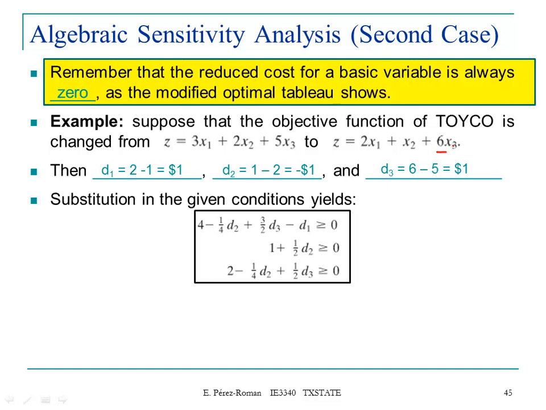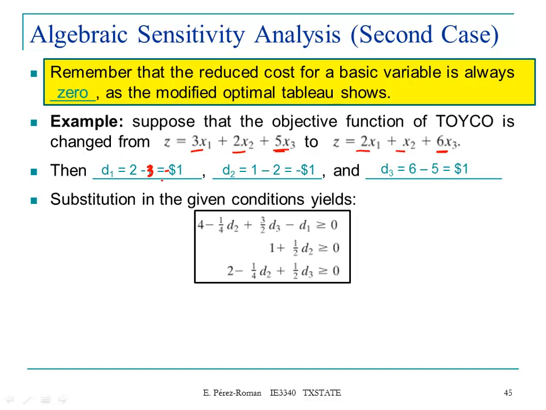So this goes from here to here. Again, we are looking at differences: 6 minus 5, 1 minus 2, and 2 minus 3.